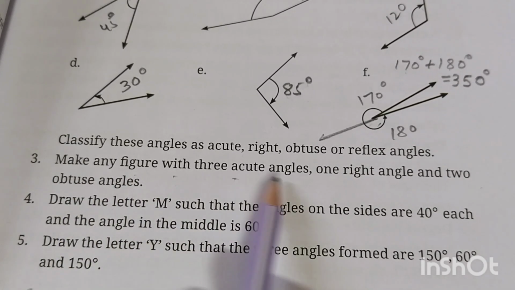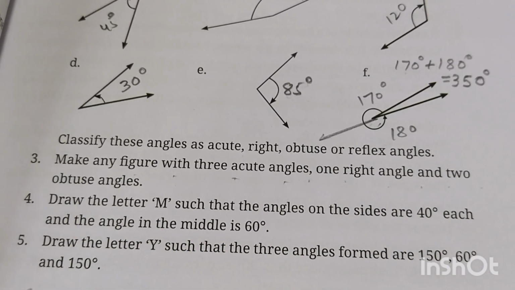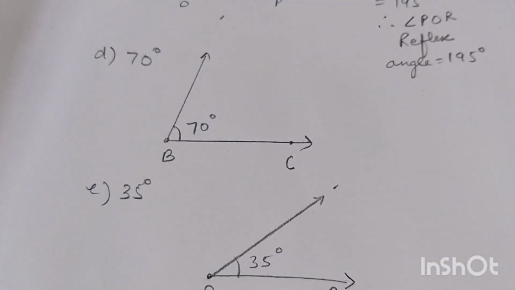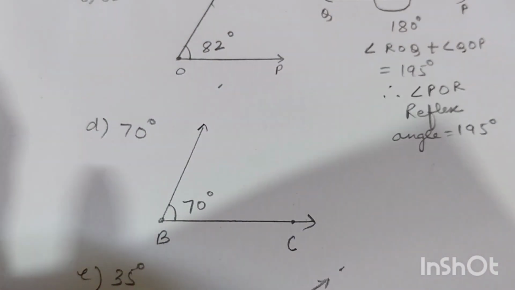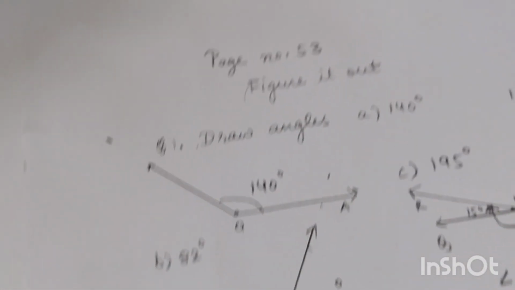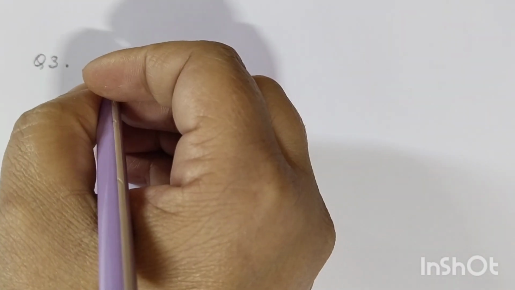Make any figure with 3 acute angles, 1 right angle and 2 obtuse angles. I am going to solve this question on the sheet. Question number 3 of page number 53. Make any figure with 3 acute angles.